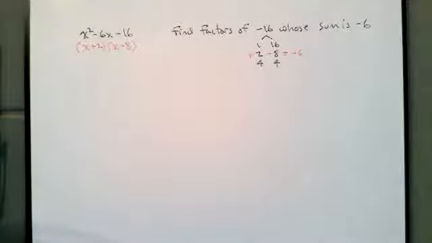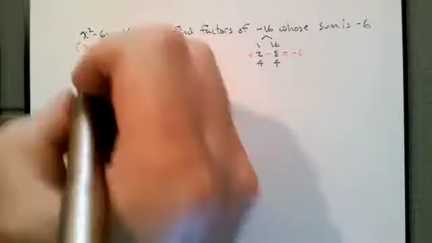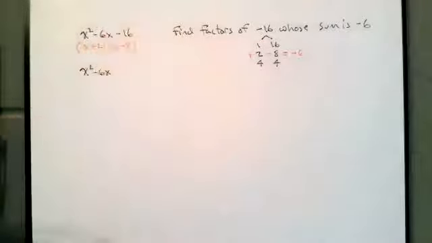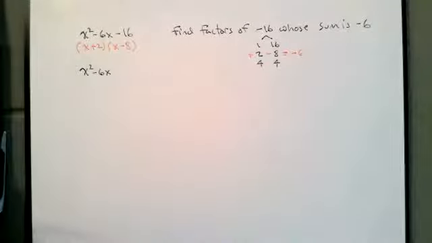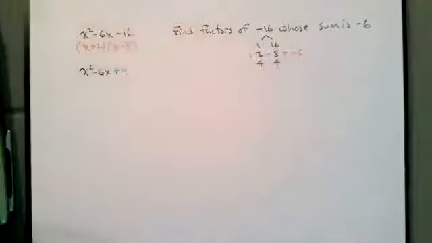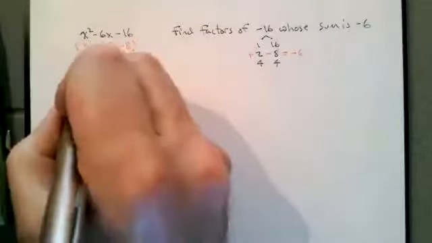Another way we think about this problem is that we're about to find where the vertex of this parabola is, and we can find that by completing the square. If I have an x squared minus 6x, I know that if the next term is a plus 9, then that will factor out to x minus 3 squared.